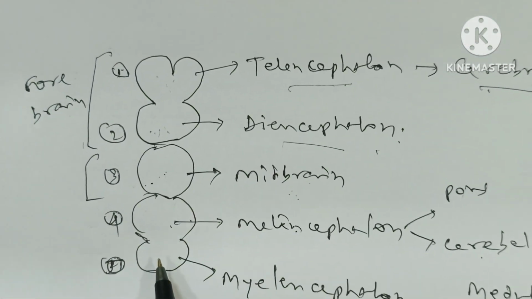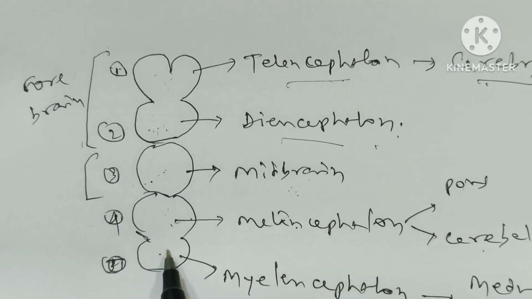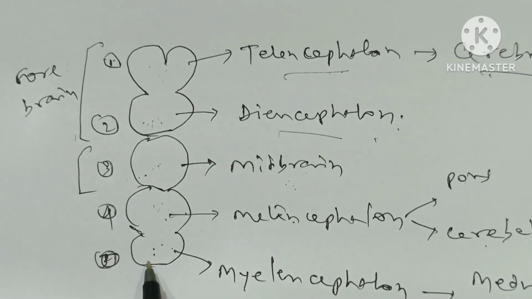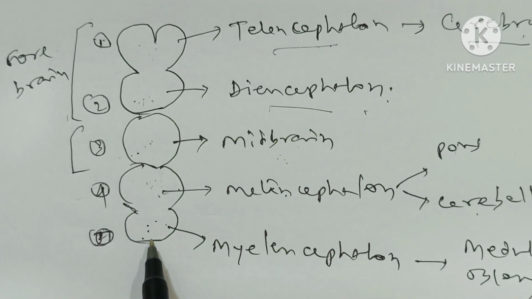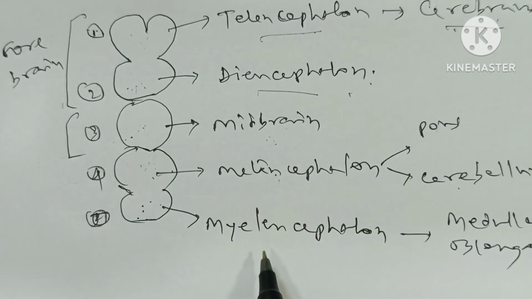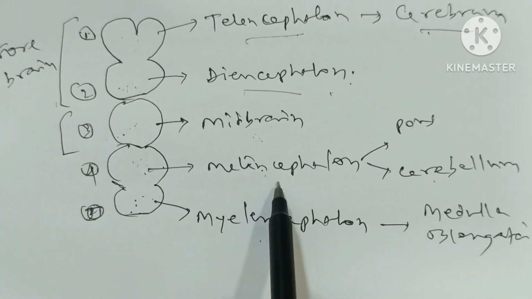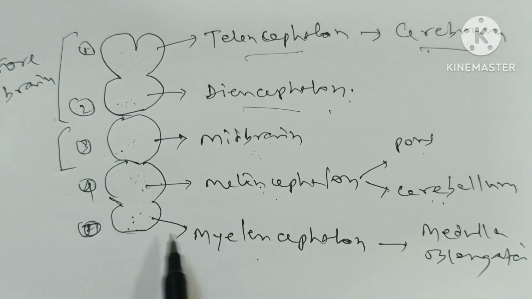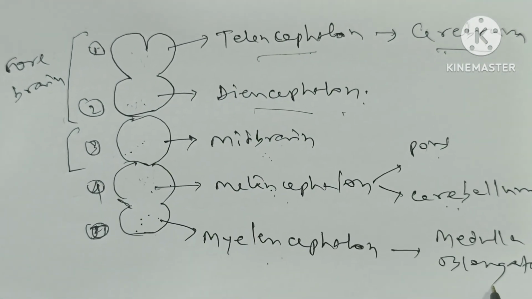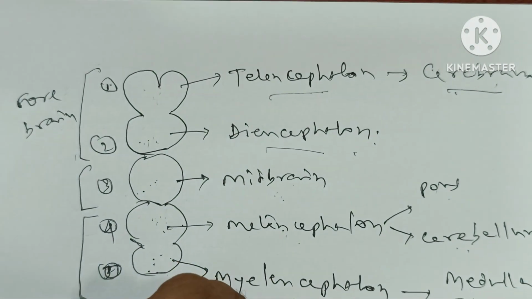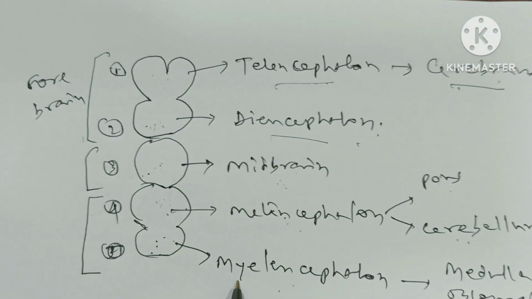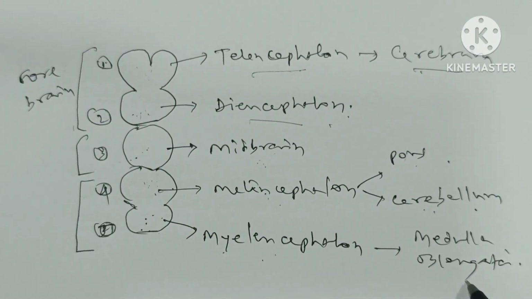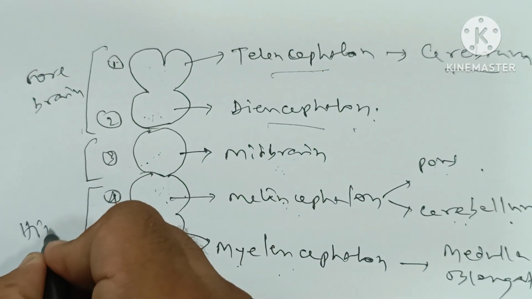The last primary brain vesicle, the rhombencephalon, gets divided into 2 secondary brain vesicles: the metencephalon and the myelencephalon. The metencephalon will further develop into the pons and cerebellum, and the myelencephalon will develop into the medulla oblongata. These comprise the hindbrain.